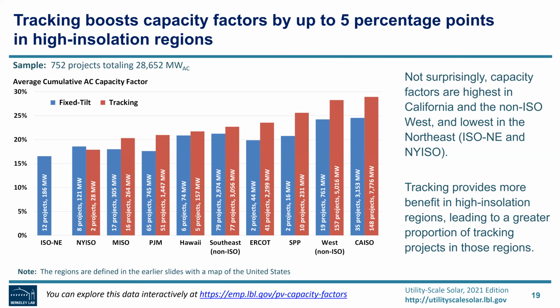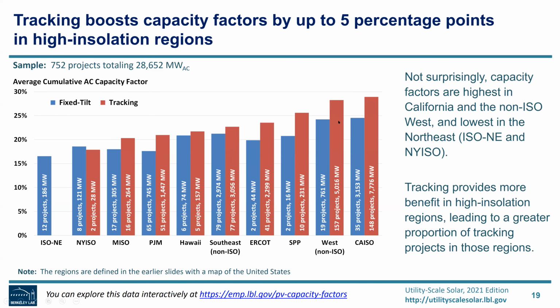For those of you who would prefer to think in regional terms rather than in terms of solar resource or global horizontal irradiance, this graph breaks out the same data by region and also by fixed tilt versus tracking plants. Not surprisingly, you see the highest capacity factors over here on the right in California and in the Western US, where the sun is strongest, and the lowest capacity factors in the Northeast.